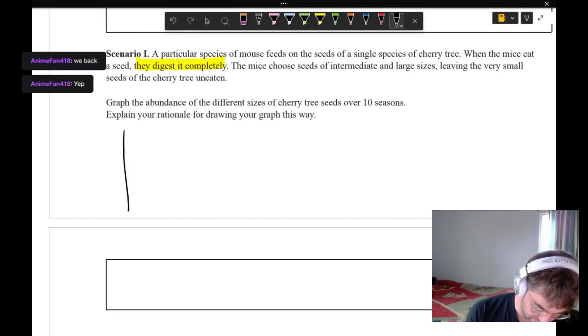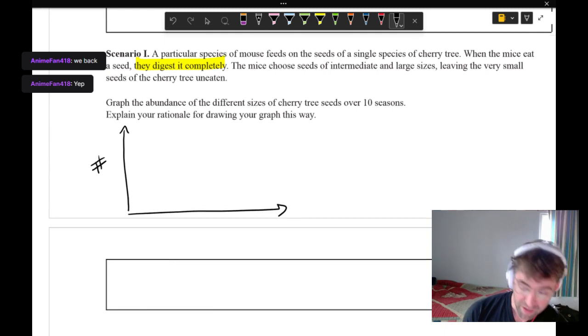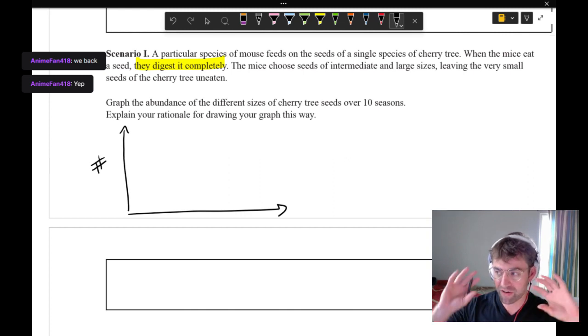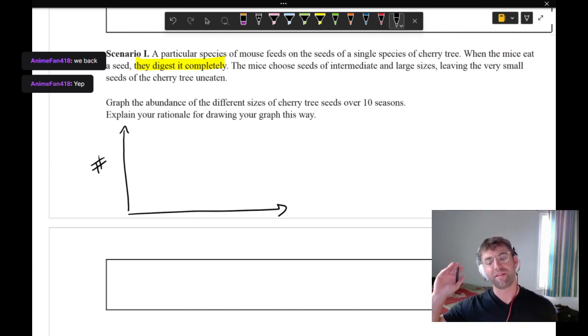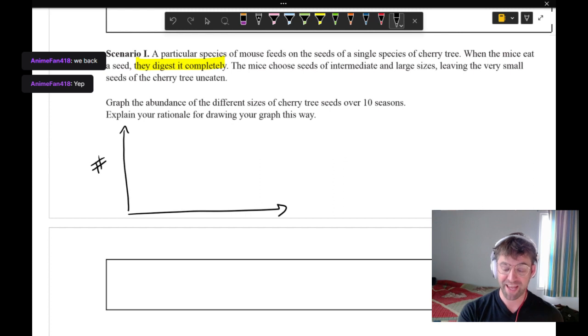So the question is asking us about seed size. So all of our filters right now, the mice are the selective pressure and the seed size is the trait.